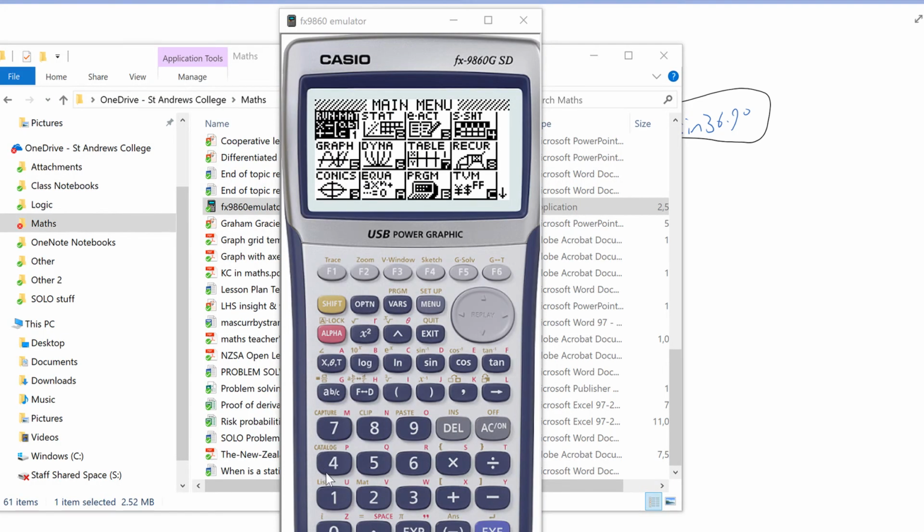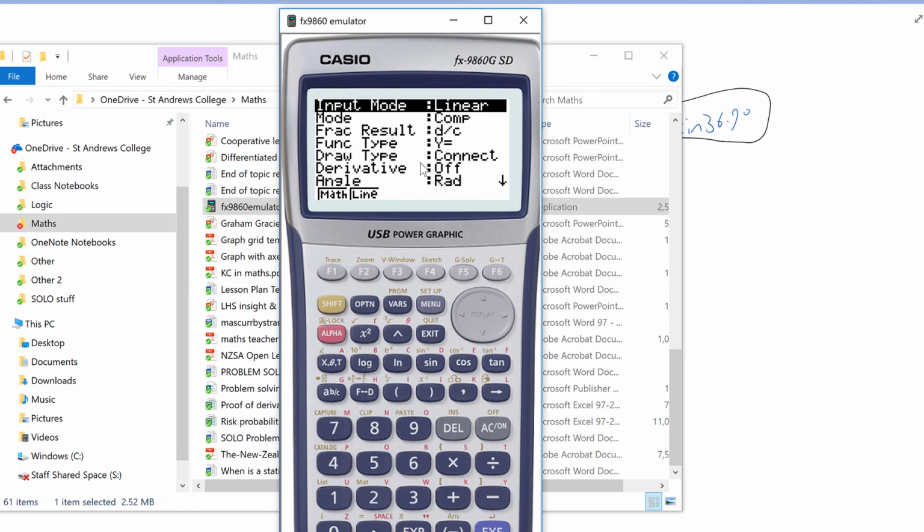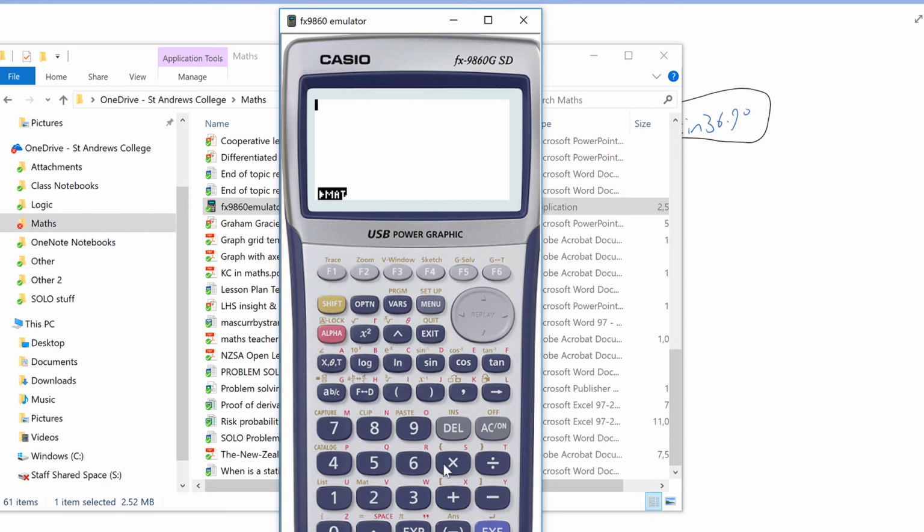Now, on a graphics calculator, if we're going to use degrees like we are here as our angle, we need to make sure that it's in degrees mode. So at the moment it's in radian mode, so if I go down here to angle, I need to change that to degrees by pushing F1, because I'm using degrees as my measure of angle. Then I can go exit to go back.